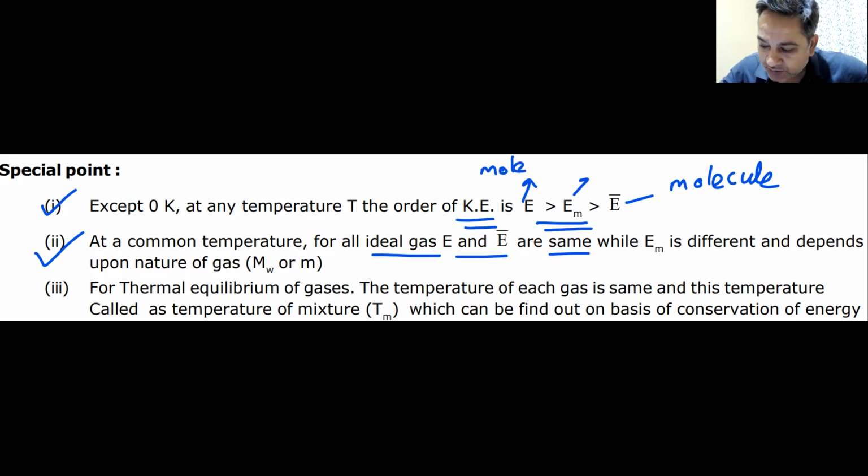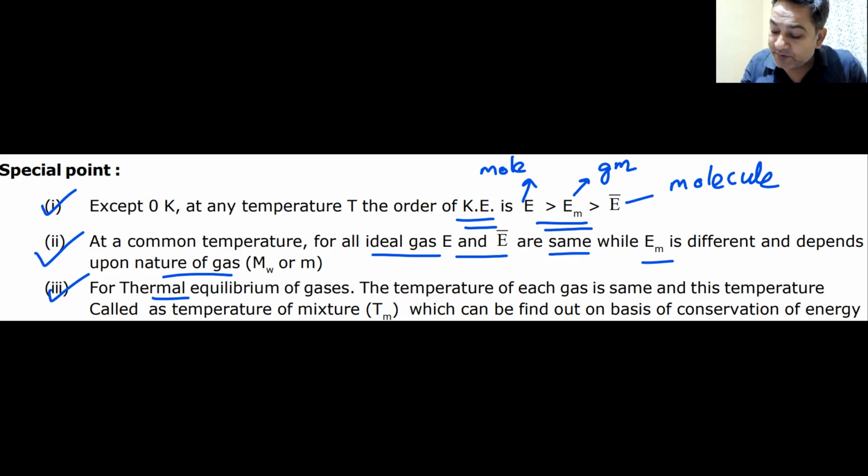And this is per gram. So at a common temperature, E and E bar, per mole and per molecule, are the same, but EM per gram is different, and it depends on the nature of the gas. It is inversely proportional to the molecular mass of the gas. Do we remember this?